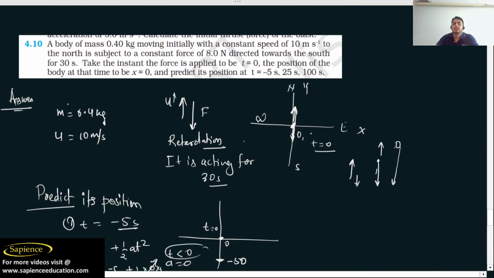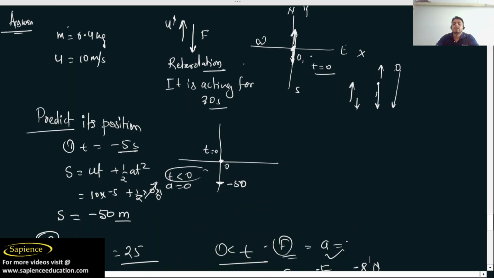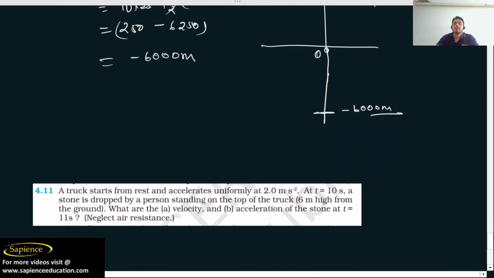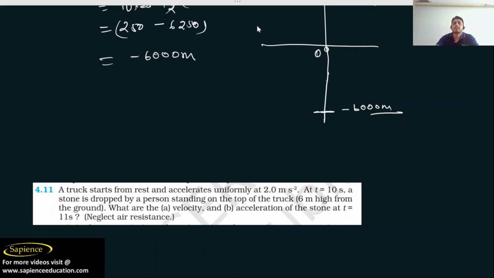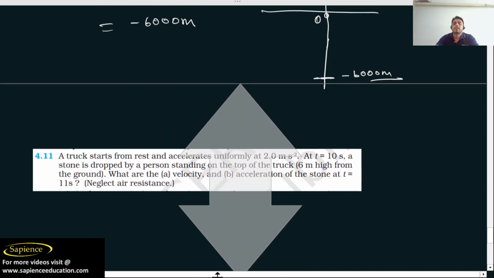So this is the case. Now the third case, when time is equal to 100 second. So what will be the answer? How will you find it when time is equal to 100 second? See, let us consider time is equal to 100 second.